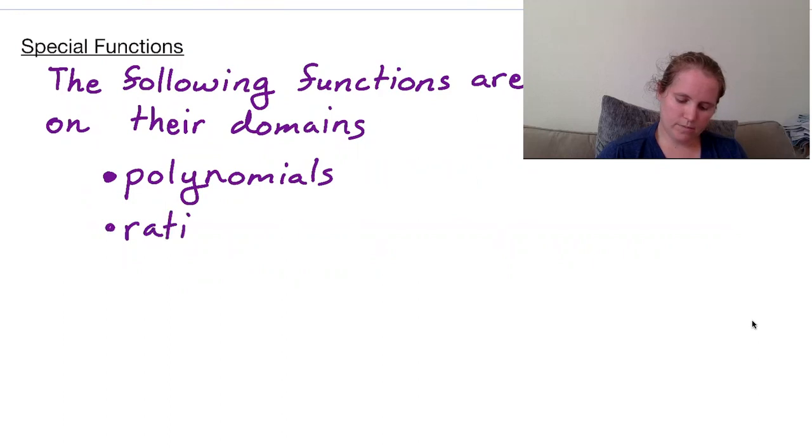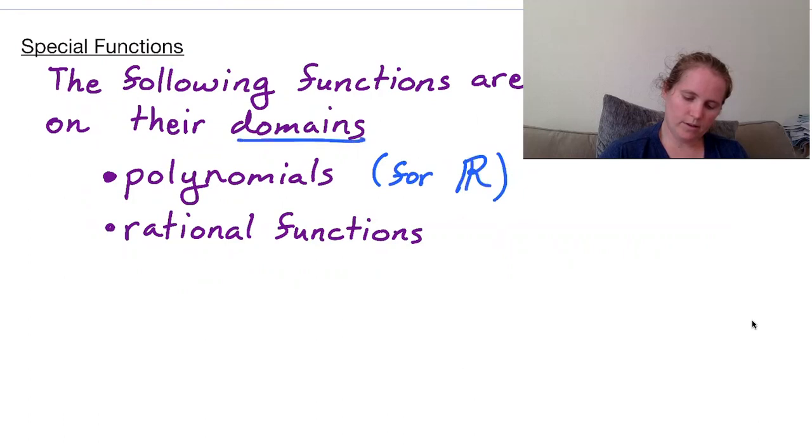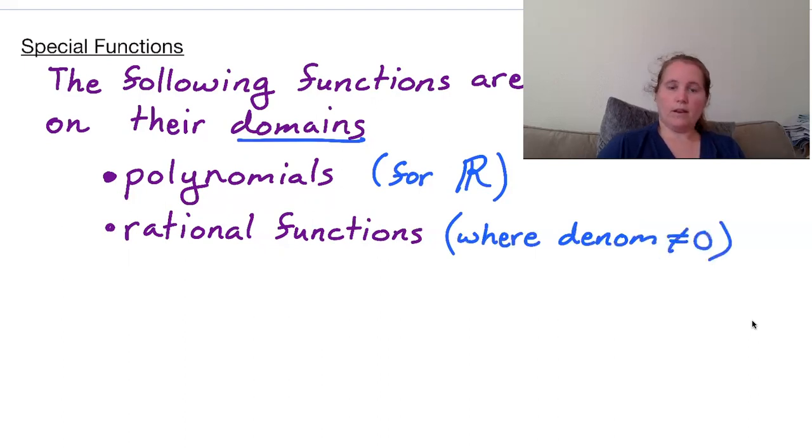Rational functions are also continuous on their domains. So polynomials are continuous for all real numbers, the whole real number line. Rational functions are continuous where the denominator does not equal 0. And then ones that we can't just use those rules we were working with, all of our trig functions.